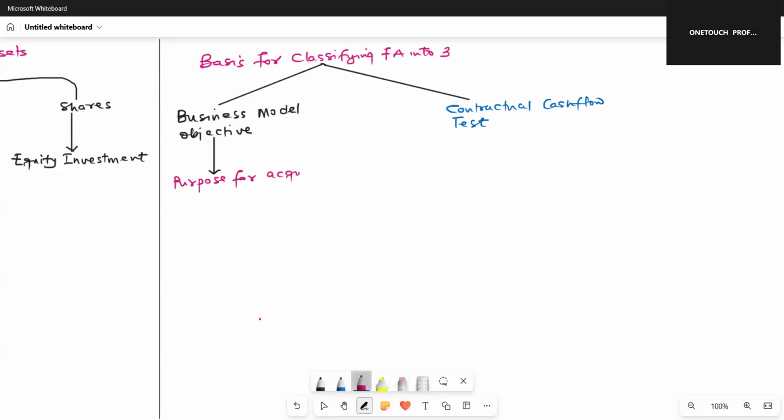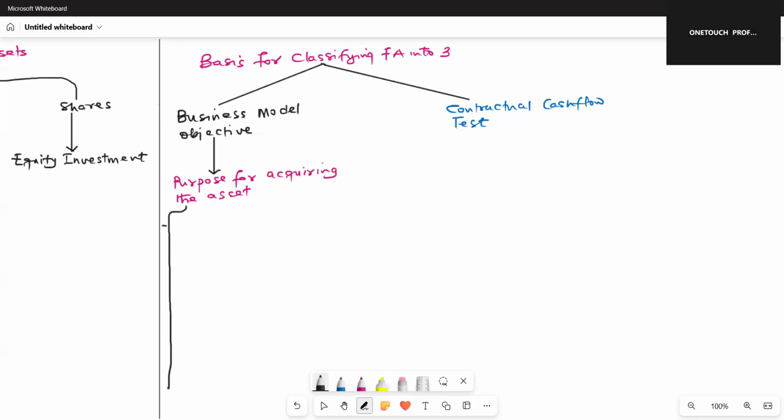Is there anyone here who has bought shares before? Anyone here who has bought treasury bill before? Treasury bill or fixed deposit? Raise your hands.